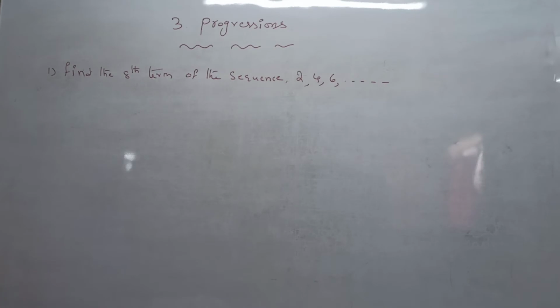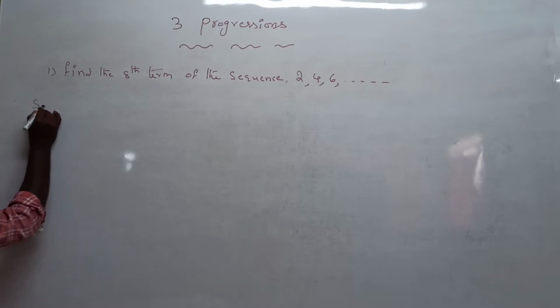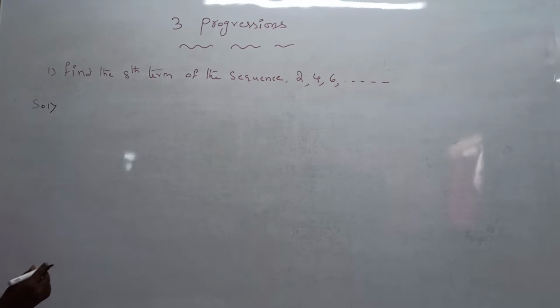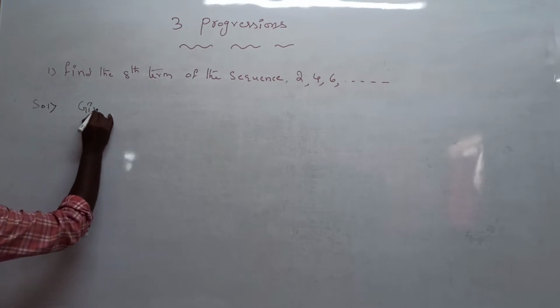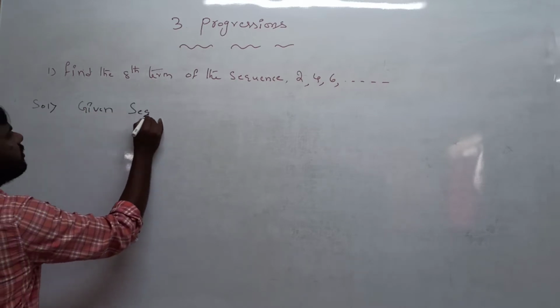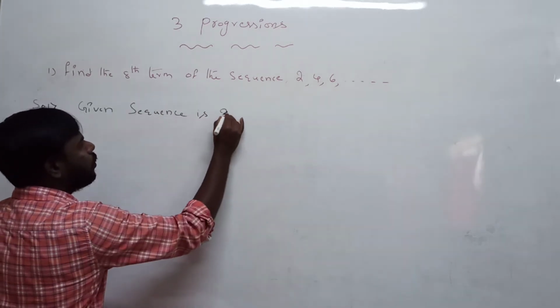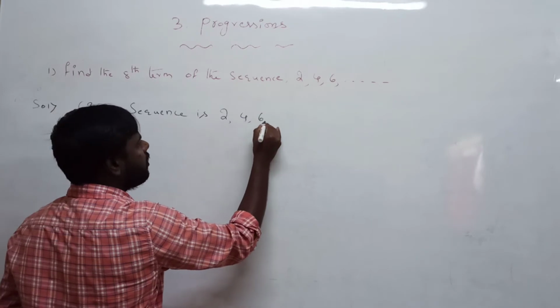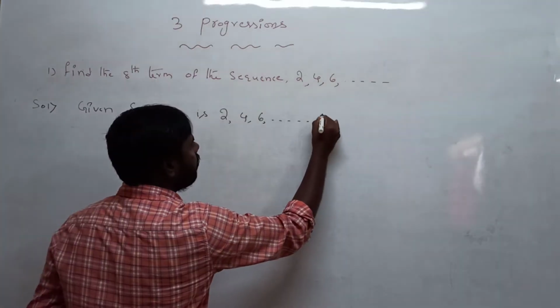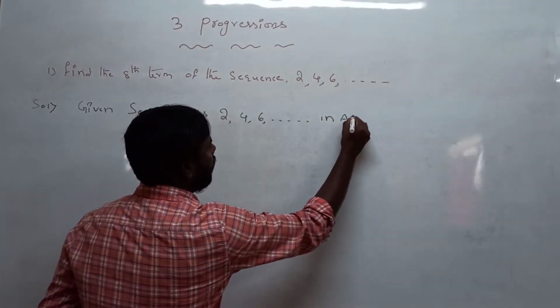Find the eighth term of the sequence. We apply the nth term of the arithmetic progression formula. First, we write the given sequence. The given sequence is 2, 4, 6, and so on, all terms in the arithmetic progression.